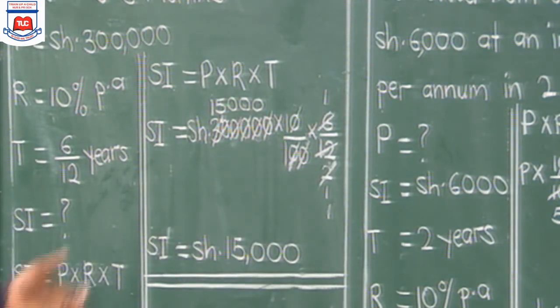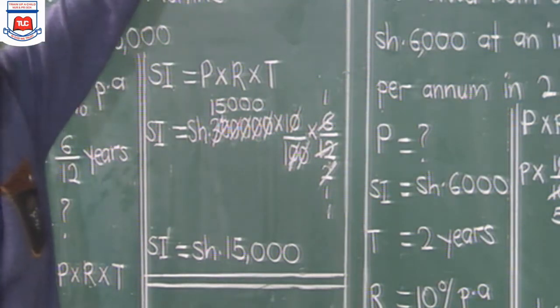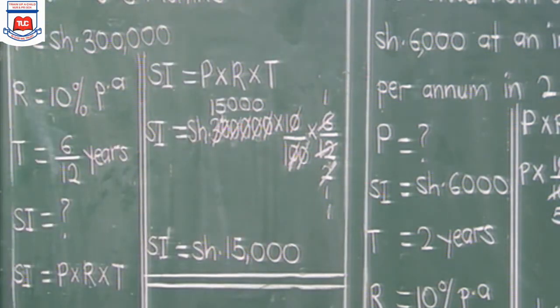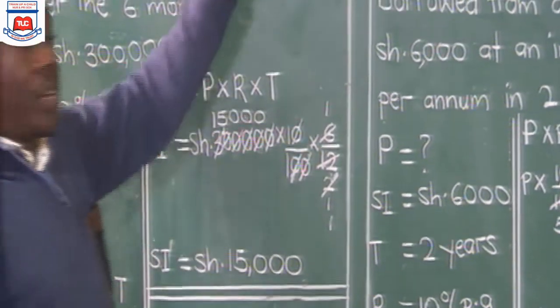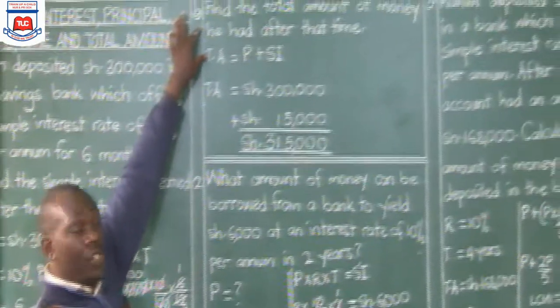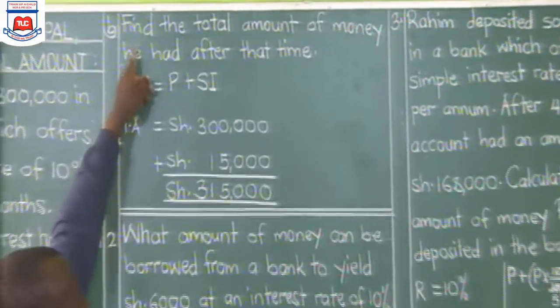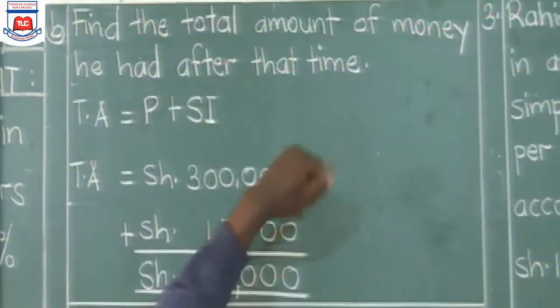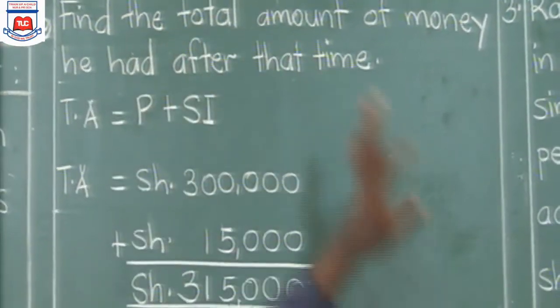So that's like the profit we accumulate over that period of 6 months on top of what this bank deposited, the 300,000 shillings, which we total up in question B. Now question B reads, find the total amount of money he had after that time.